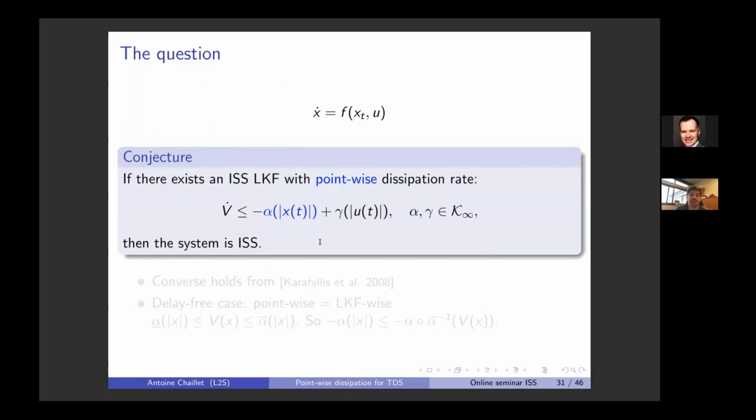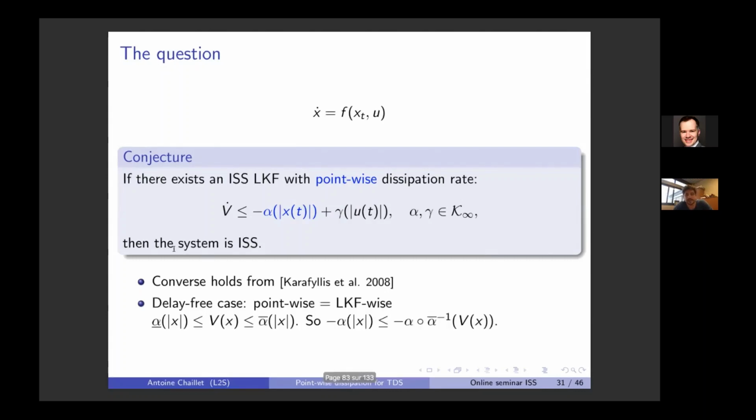So the question is whether, when you have such a pointwise dissipation rate with alpha being class K infinity, this implies iISS. Sorry. We've just shown that the question is solved for integral ISS, but in the case of iISS, it remains an open question. The good news is that we know that the converse holds from the results of Karafyllis and co-authors since 2008, but the sufficiency part is not clear at all.